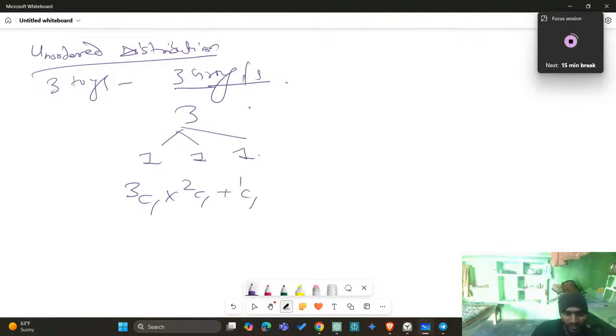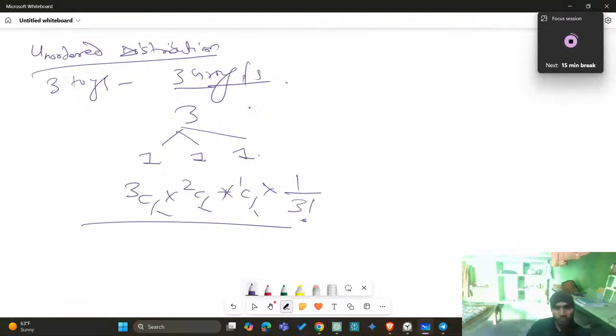But because the groups are identical, the 1 is repeated three times, so we divide this by 3 factorial, because 1 repeats three times.